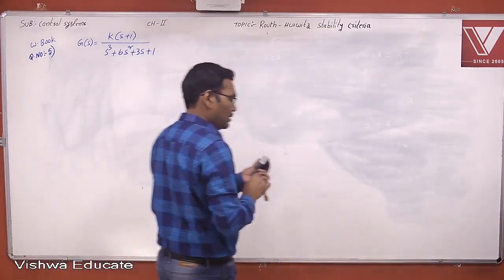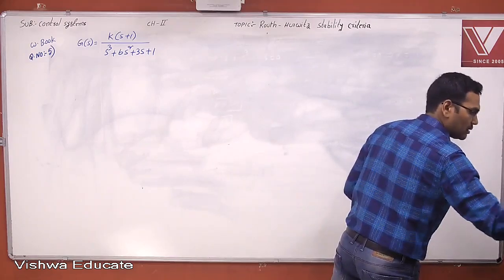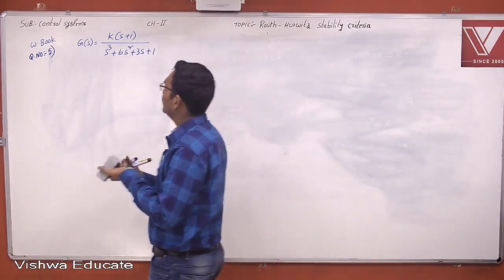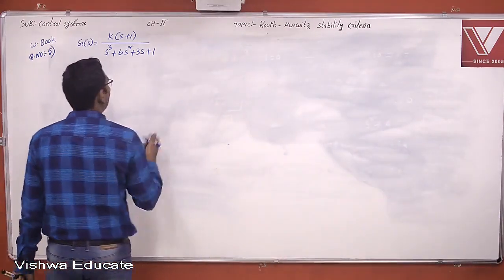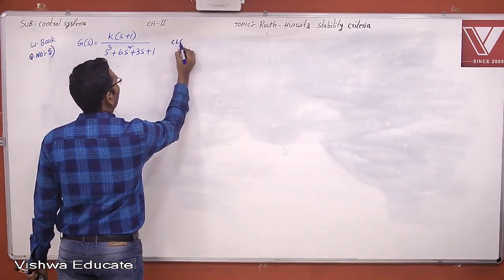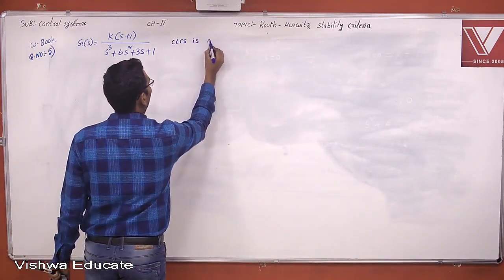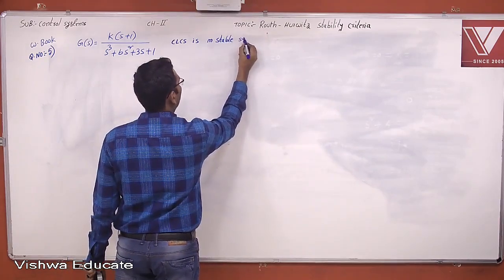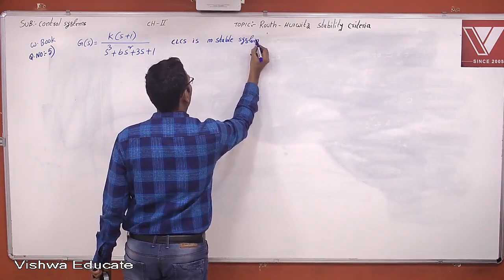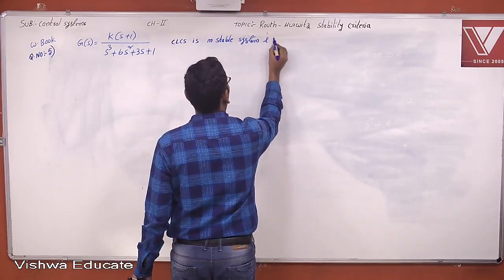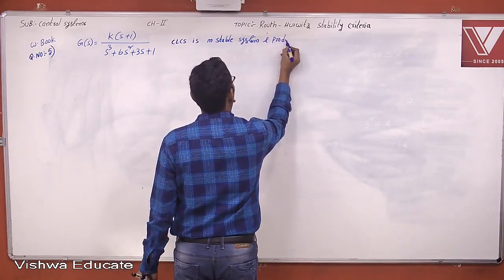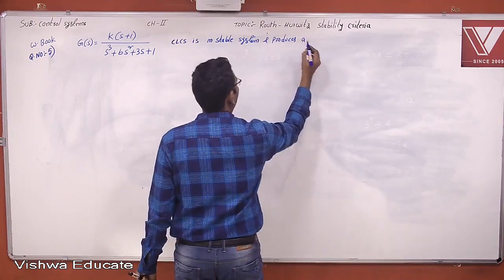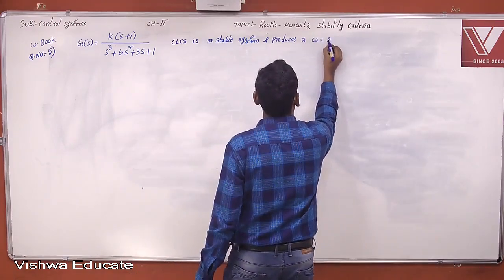This is the open loop transfer function which is given to you, and it says that the closed loop control system is a marginally stable system and produces a frequency of oscillations 2 radians per second.